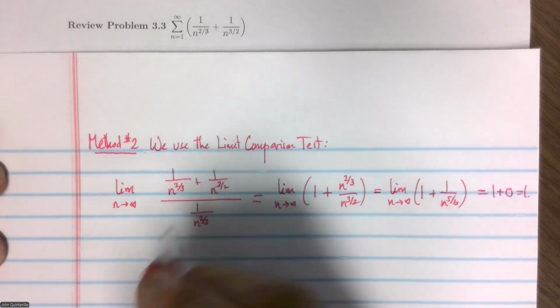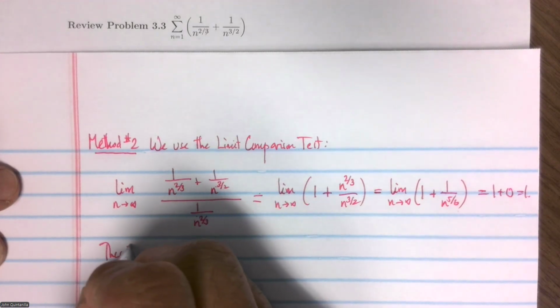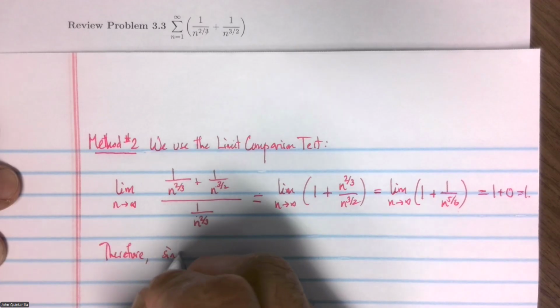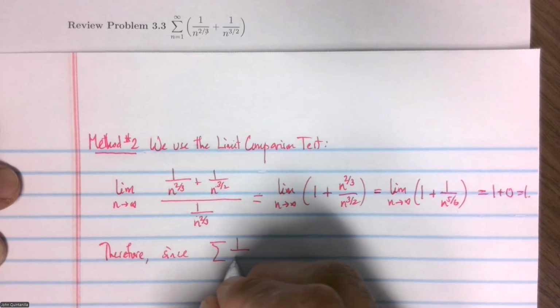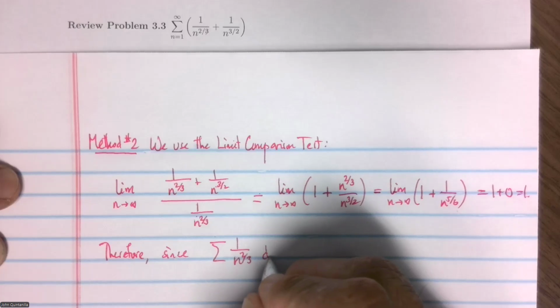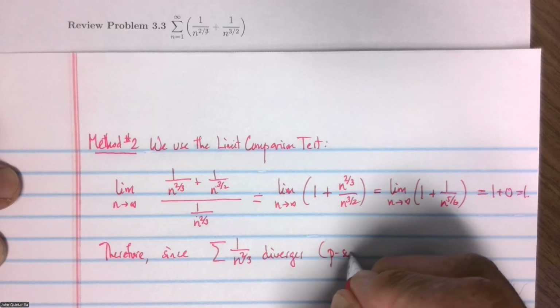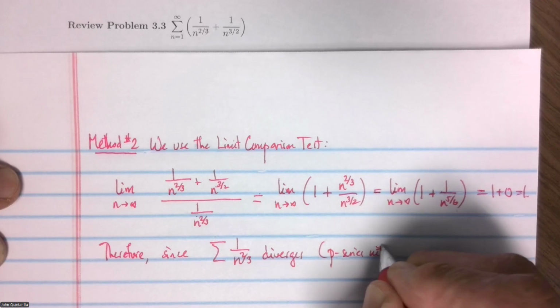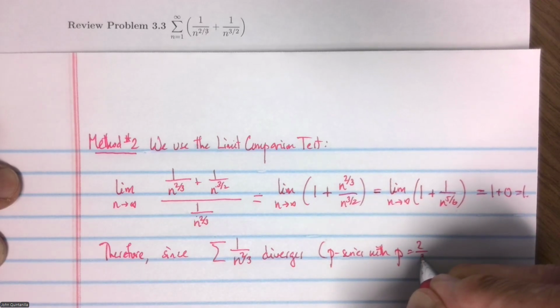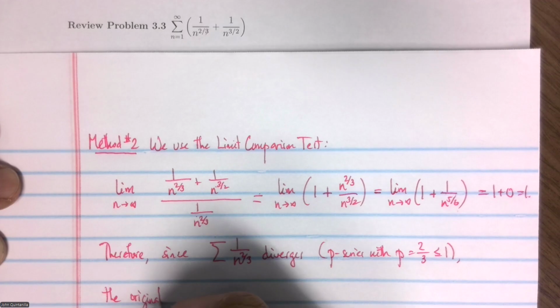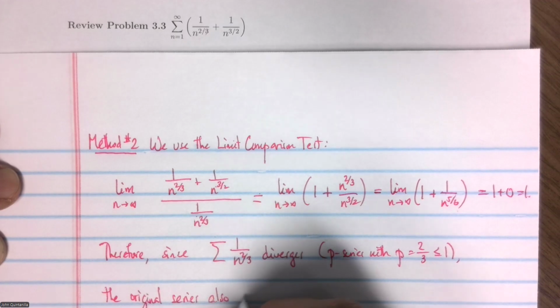And so therefore, since the summation of 1 over n to the 2/3 diverges, and the reason it diverges is that it's a p-series with p equal to 2/3, which is less than or equal to 1, the original series also diverges.